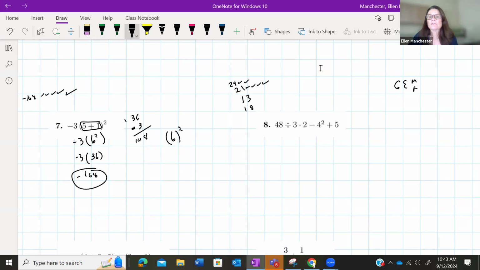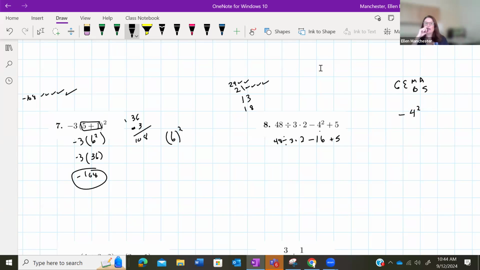Let's write this here. You guys have this down pat, right? So we're going to start here. So 4 squared is 16. I'm just going to keep writing. Now, does this make sense? Because this is -4 squared. So it's not parentheses. So there's only one negative there. So that makes that whole thing negative.